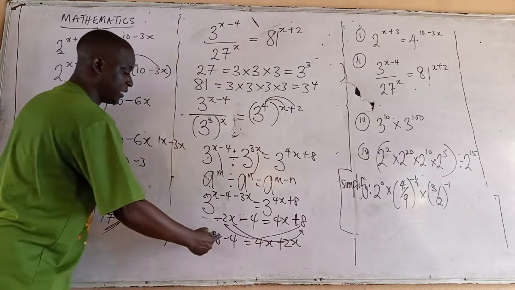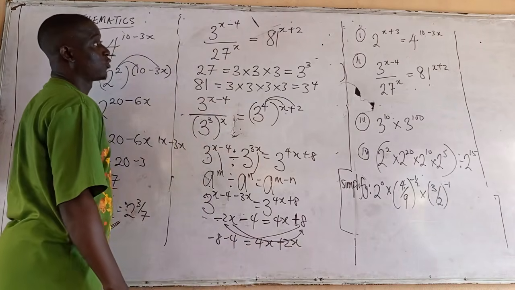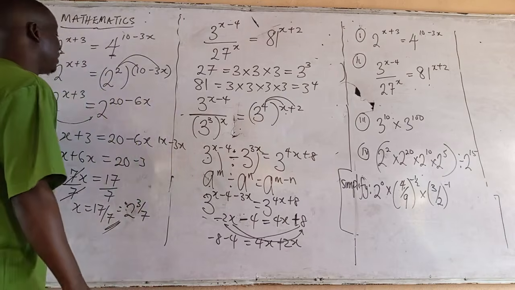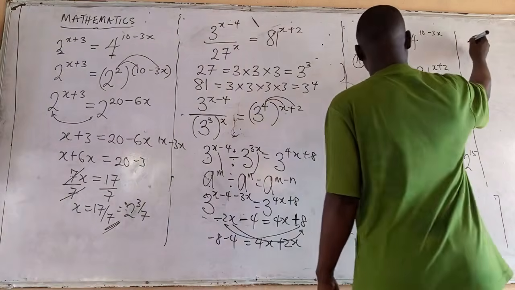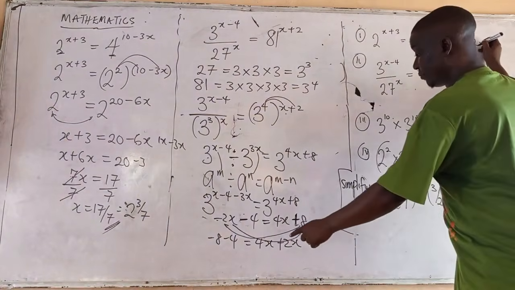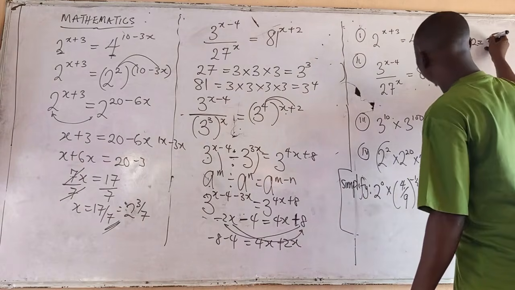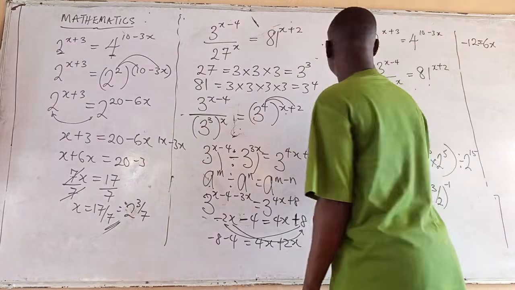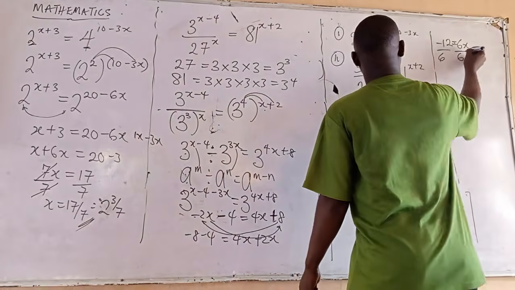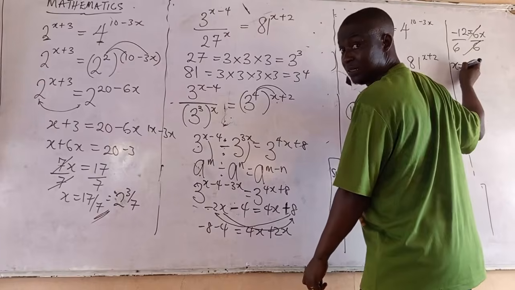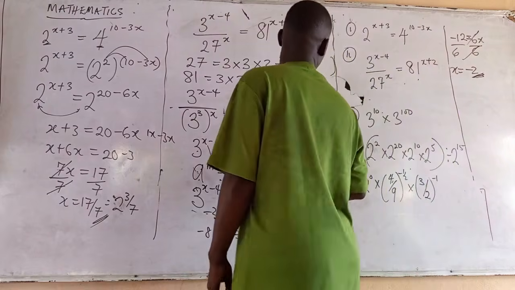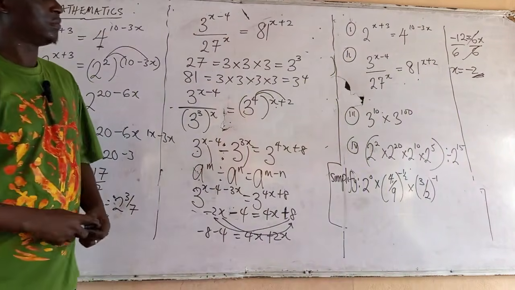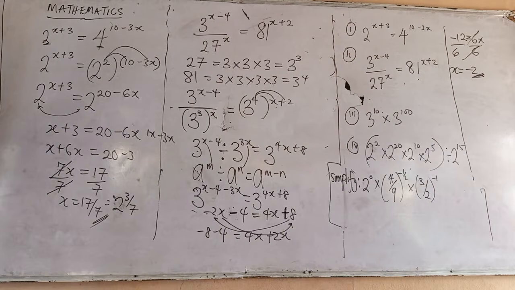This gives us minus 12 equal to 6s. So divide both sides by 6, this one cancels, and s equals minus 2. There it is.